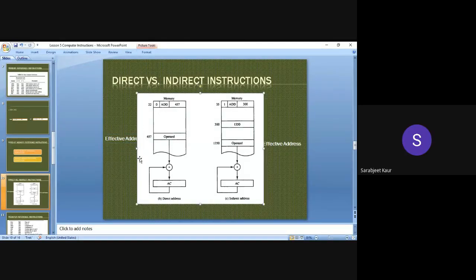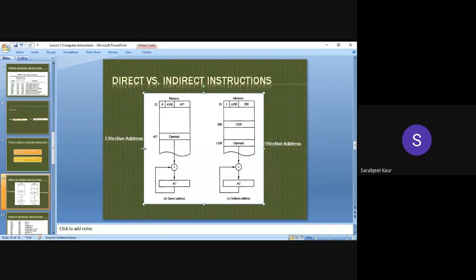Yes, tell me. Ma'am, the 22 that was in the first diagram, that is the address of the instruction in the memory.